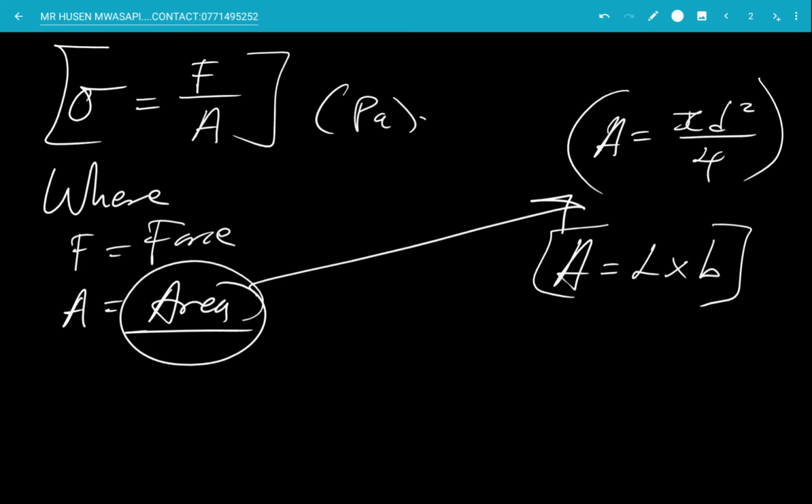Now, let's move on to what we call strain. What is strain? So now, strain is simply a ratio of the change in length to the original length. It shows you how much the material had changed as a result of stress.